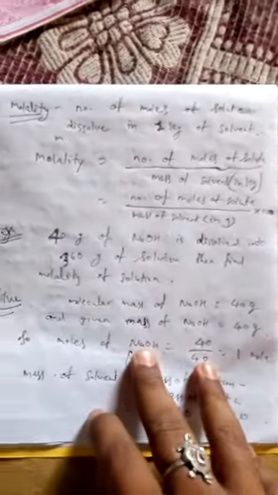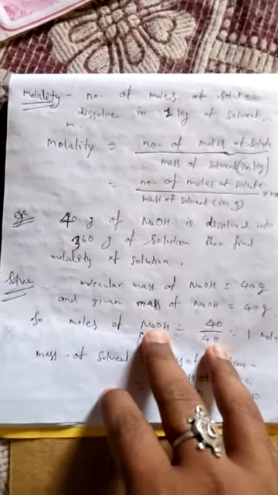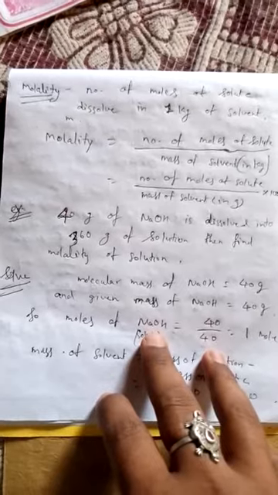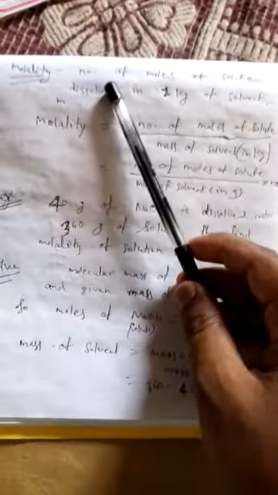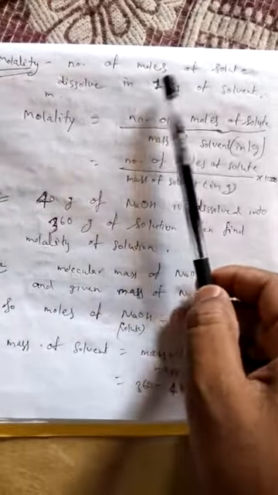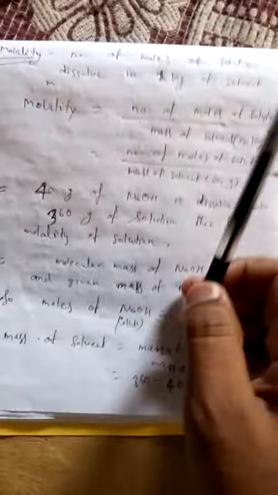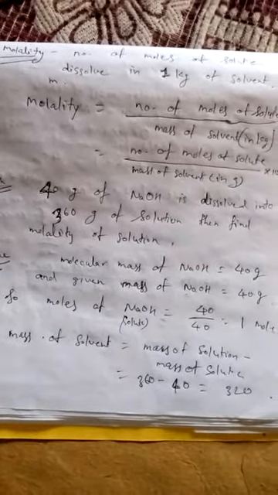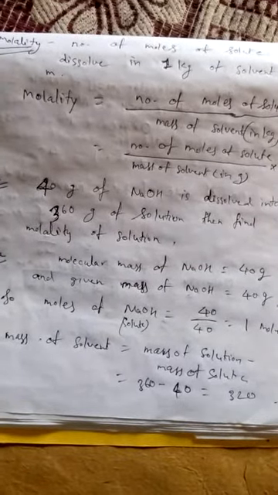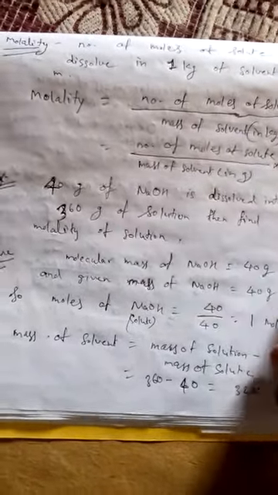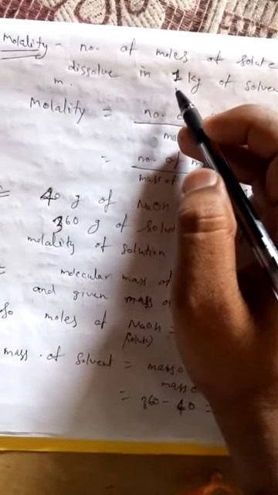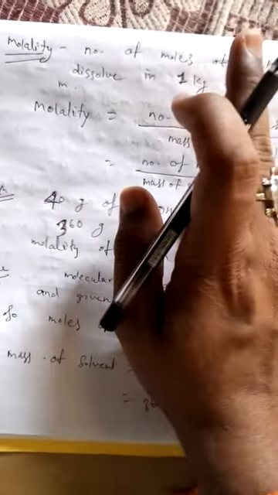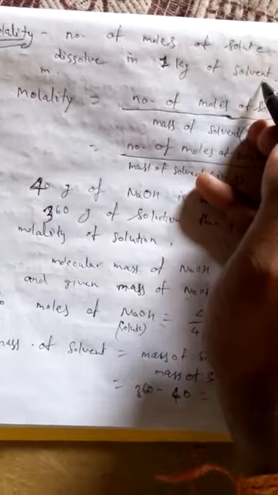Now we will move on to the next topic, which is molality. Molality is expressed as number of moles of solute dissolved in 1 kg of solvent. One point should be noted: in molality and molarity, students are always confused. In molarity, we talk about 1 liter of solution, and in molality, we talk about 1 kg of solvent.